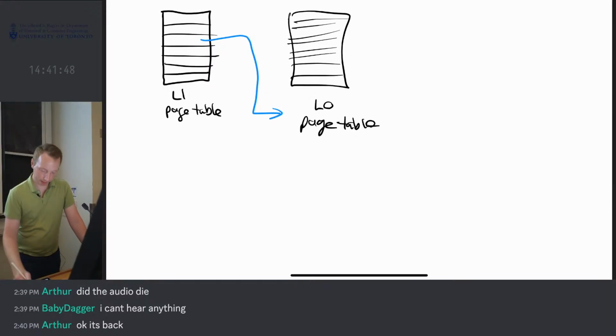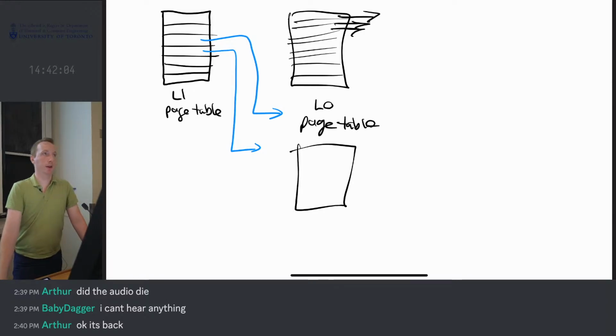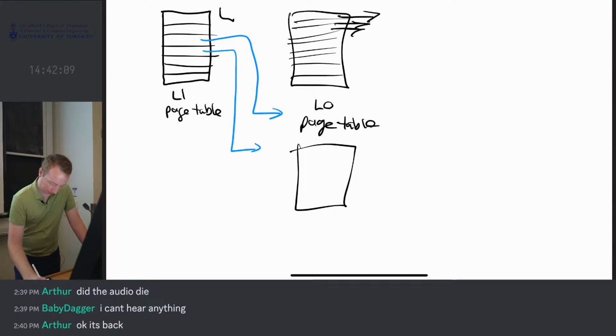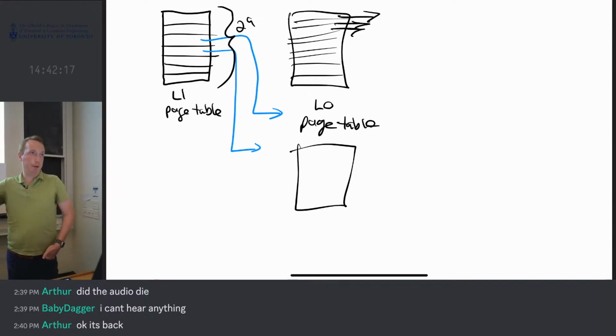Eventually, if this all fills up, then we have to put a new entry here that points to a new L0 page table. And then it can hold more entries, and go on and on. Of course, I could have 2 to the 9 of these. I could point to 2 to the 9 L0 page tables.